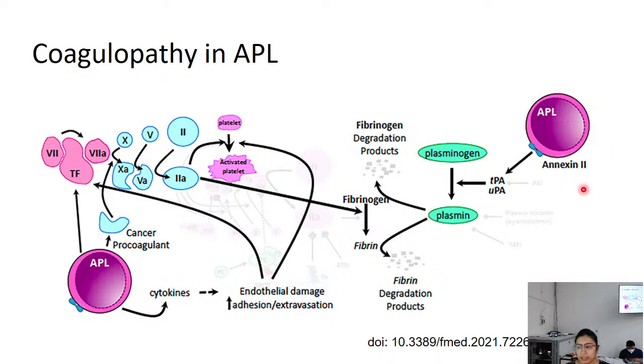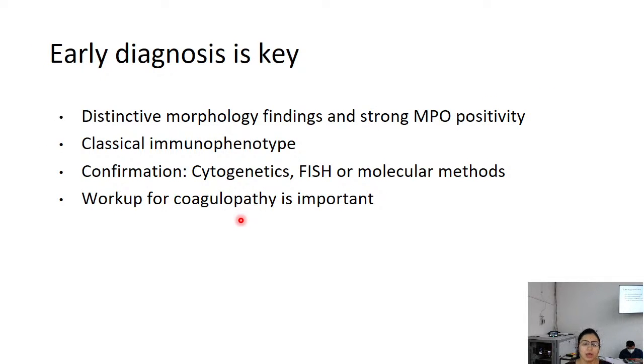It is associated primarily with the expression of annexin 2 on the APL cells, in addition to the usual pathways of activation of coagulation. I would like to end my part by saying that early diagnosis is key to managing these patients because you get distinctive morphological findings as well as very strong MPO positivity in the abnormal promyelocytes.